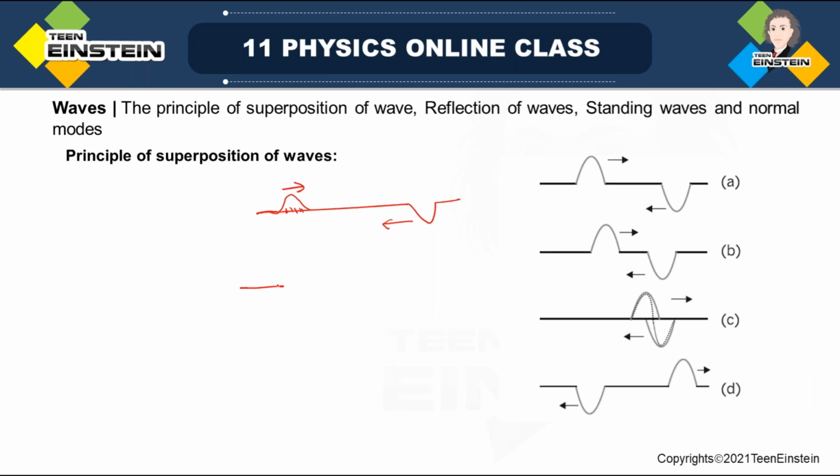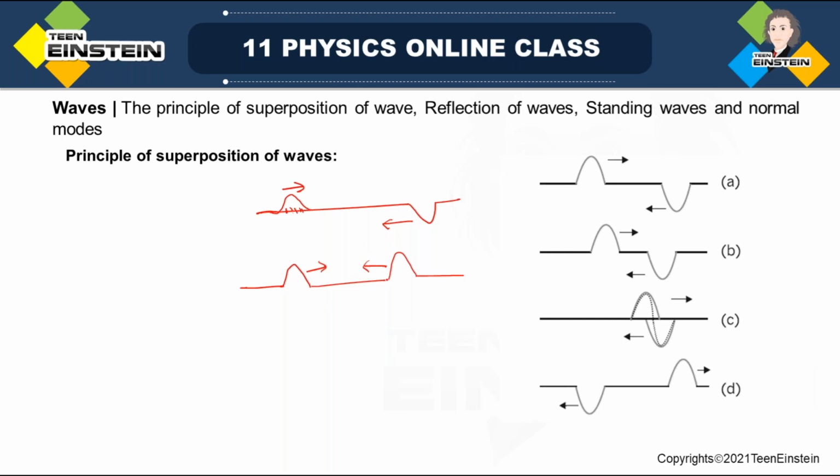Another situation is, suppose you have a string and you have produced one disturbance at this particular element of the string, and another disturbance you have created in the other end of the string, and both are approaching each other.